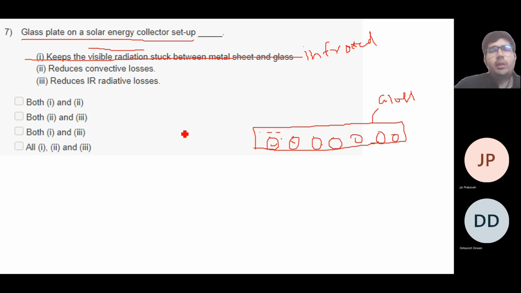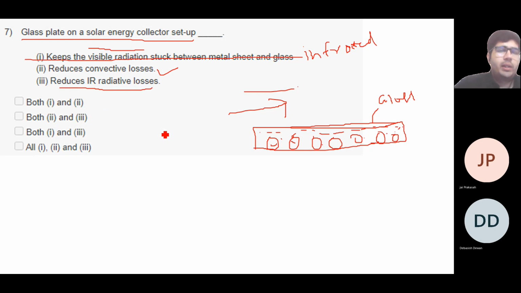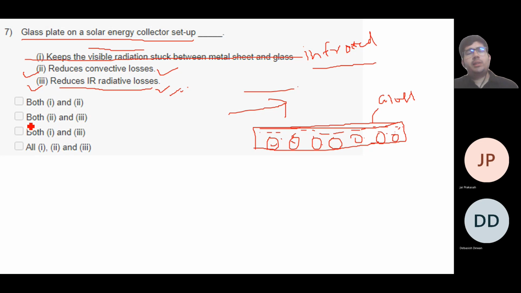Outside, free air convection is there, but this glass acts as an insulation. So it reduces convective losses. It also reduces infrared radiative losses, because infrared radiation radiates some energy, but the glass is opaque to infrared radiation. So option 3 is correct, and option 2 is correct. Now let's see the options.